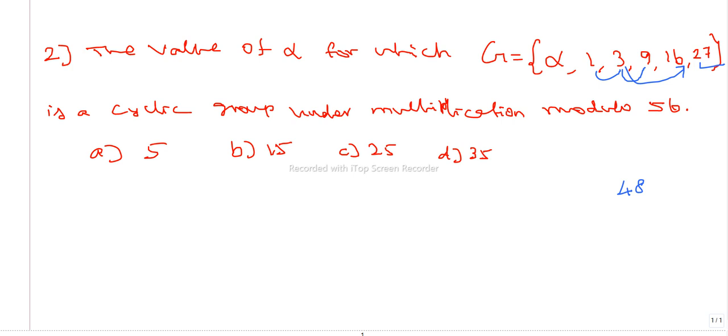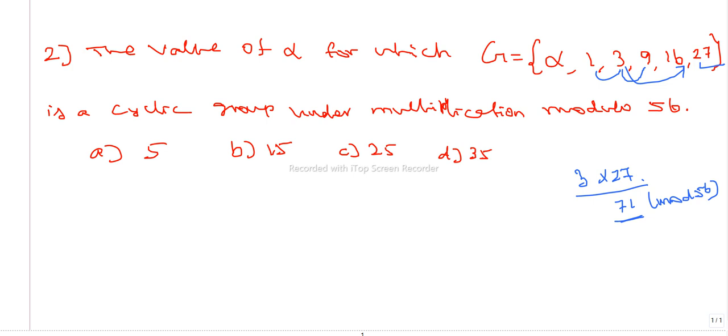Okay, actually maybe they will do some other things. Okay, what about 3 into 27? And this will be 171, right? If you take modulo 56.